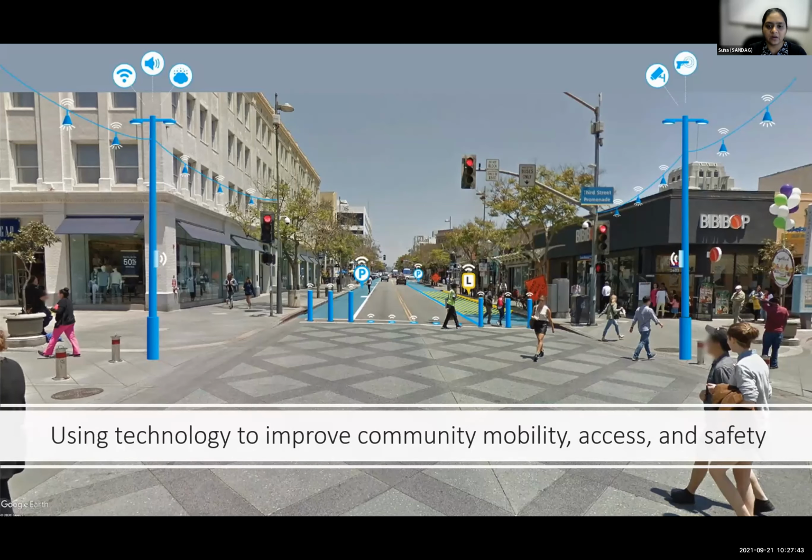Sandag is developing a concept of operations report for the Harbor Drive 2.0 effort, which aims to streamline activities along Harbor Drive through physical improvements and also technology upgrades to provide a more comfortable, enjoyable, and productive experience for all users. We have identified the Social Services Transportation Advisory Council as a key stakeholder to get insight and input that will help us in making sure that all needs of possible users are being considered.